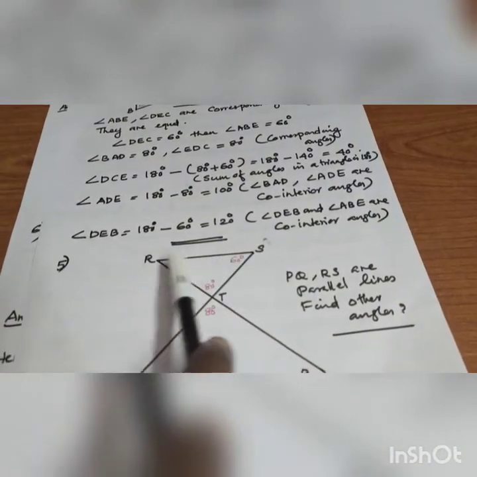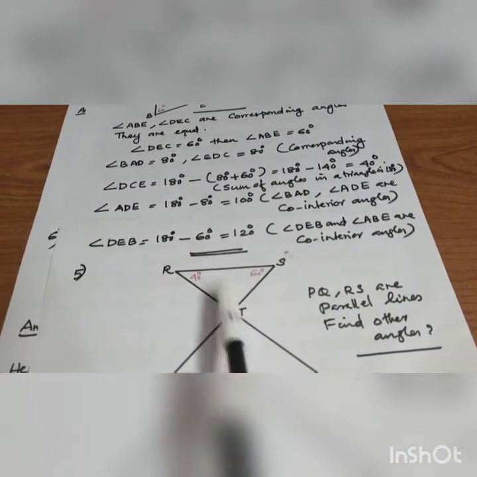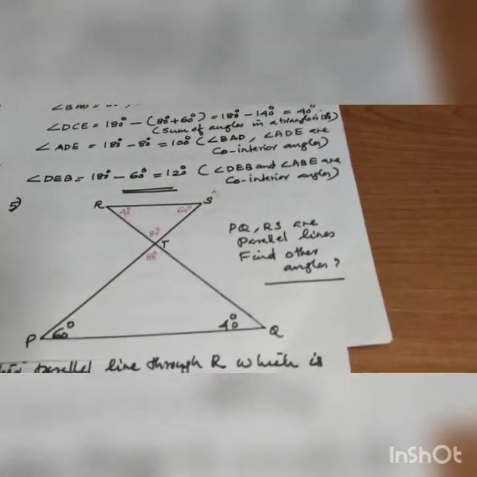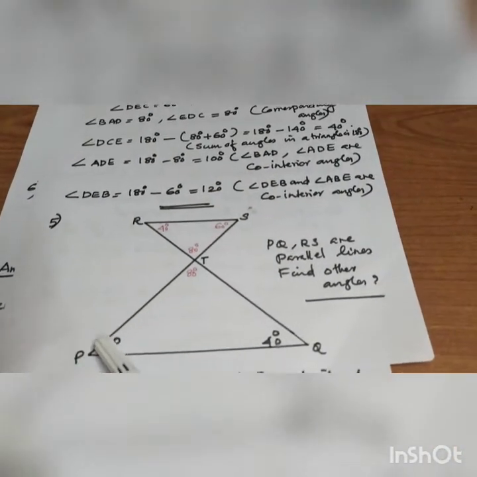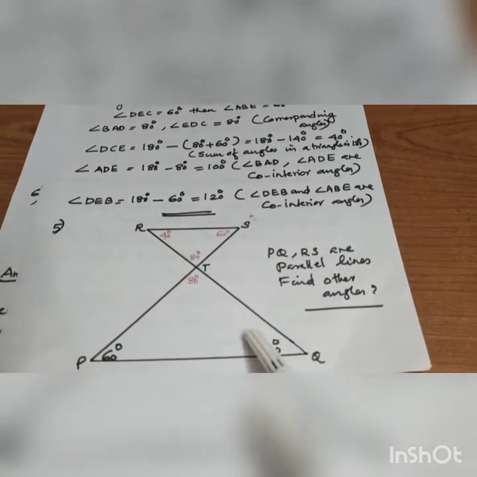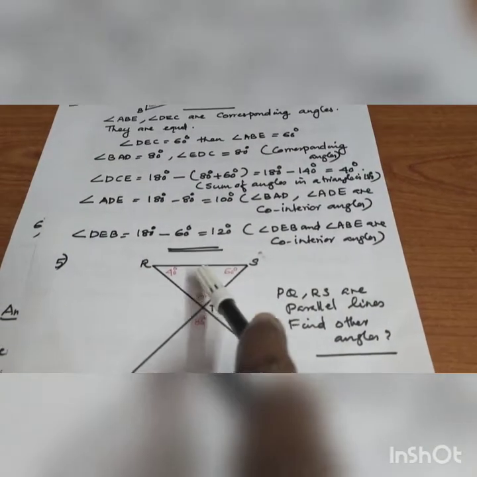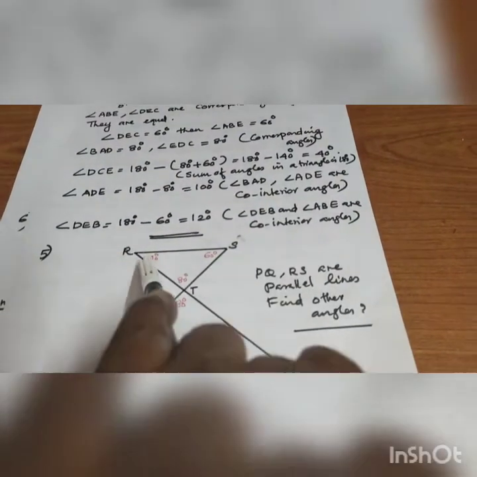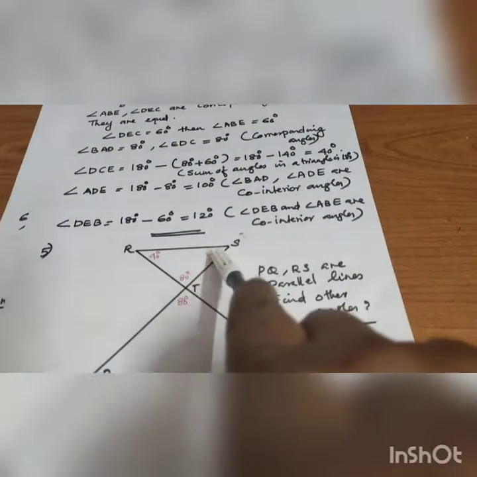And sum 60 plus 40, 100 plus 80, 180. Here also 180. Sum of triangle is 180 degree. So first find, in this triangle find the third angle, then find its opposite angle, then according to the concept of alternate interior angle, we can find the other two angles.